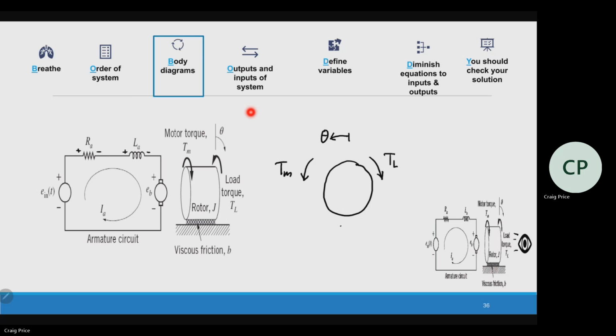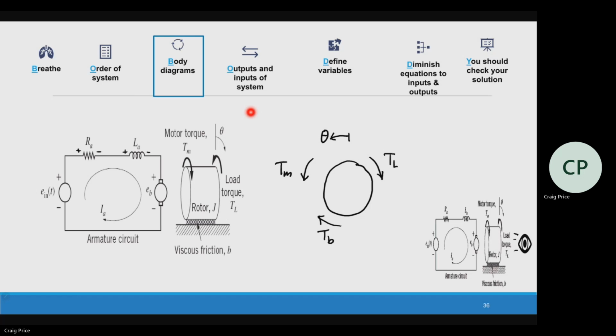Clockwise, okay, because we want to go against the positive motion, positive displacement. It might have thrown you off that I'm looking from this direction, but that's okay. If I'm looking from here, I've got one positive motor torque, and the other two are negative. They're fighting against it.